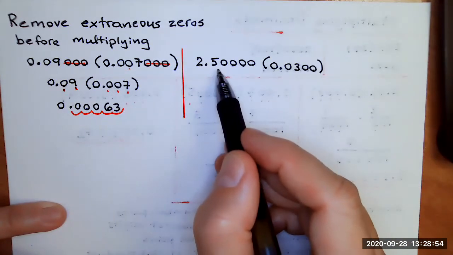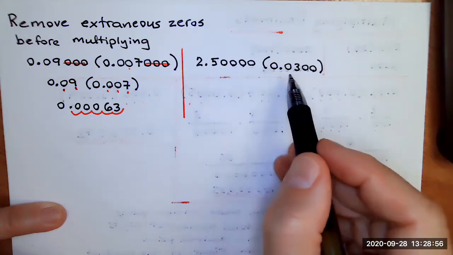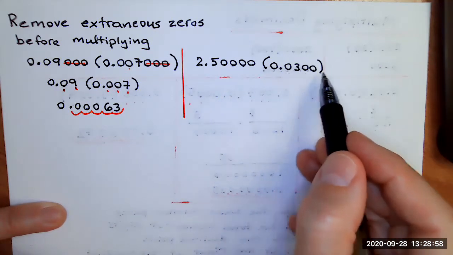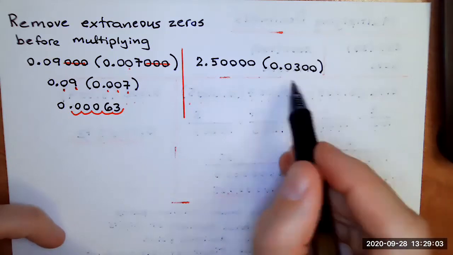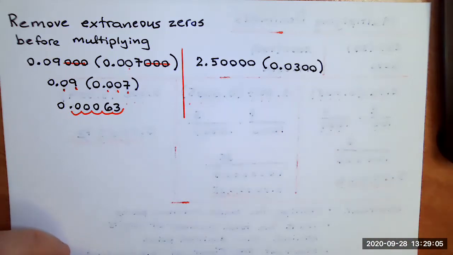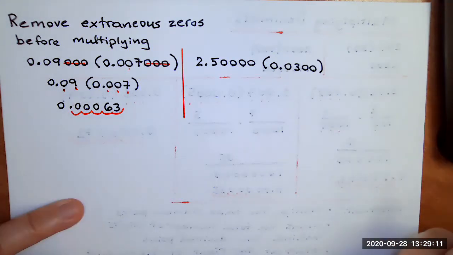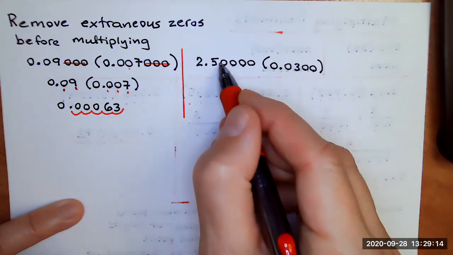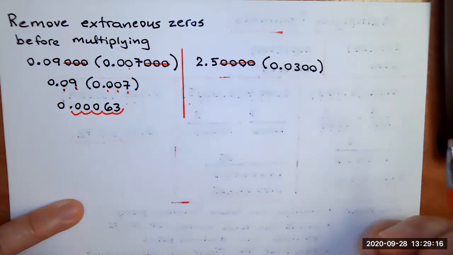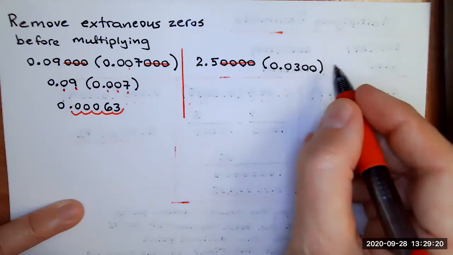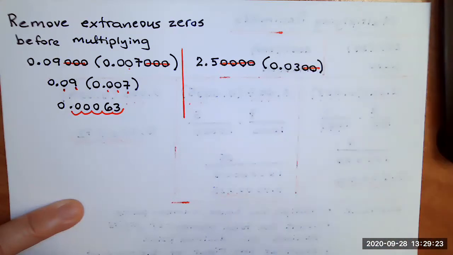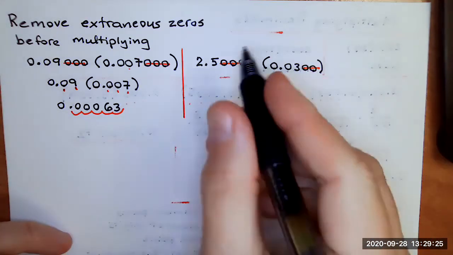All right, so 2.50000 times 0.0300. So you get time to hit the pause button and try this one on your own. All right, so let's remove the extraneous zeros. These zeros at the end are extraneous. This one's in front of a digit, so we keep that one. These two at the end go away.